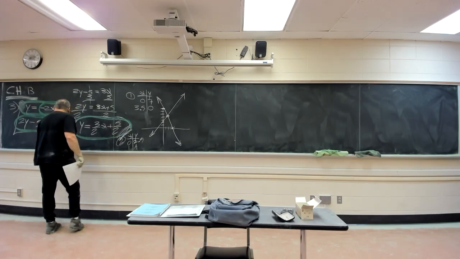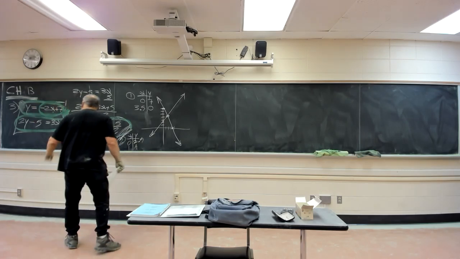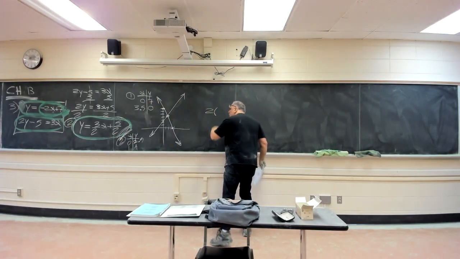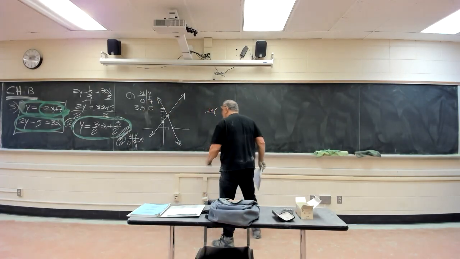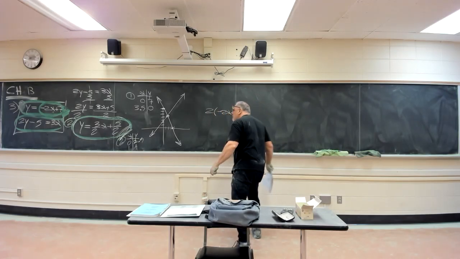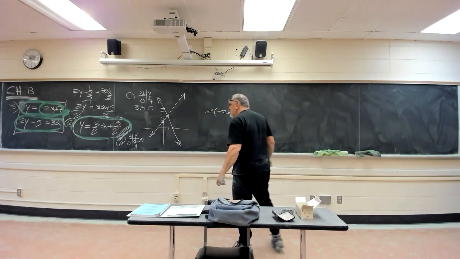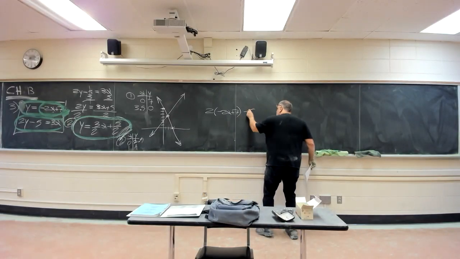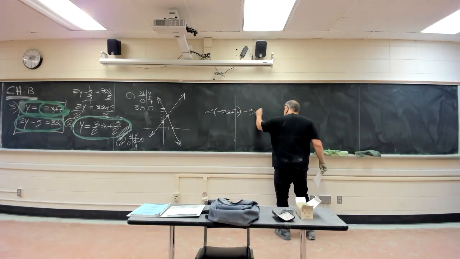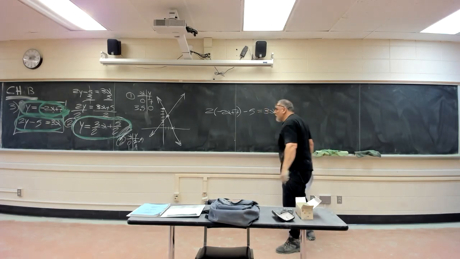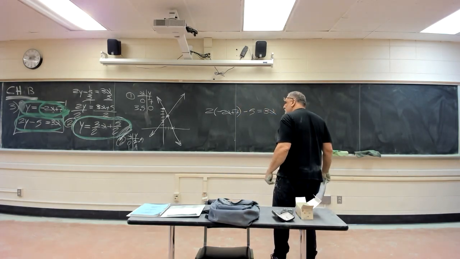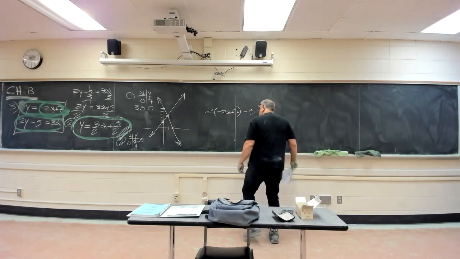Negative 2x plus 7. So on the bottom over there, the 2y minus 5, the y is negative 2x plus 7. Let's see what we got here.